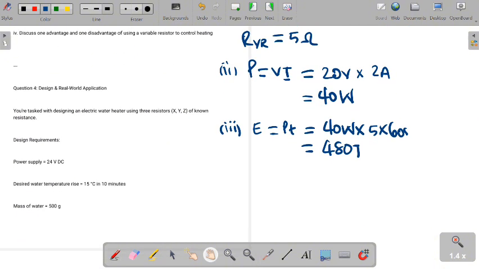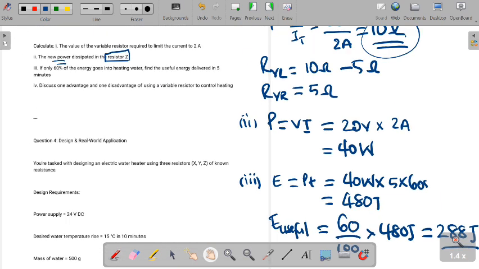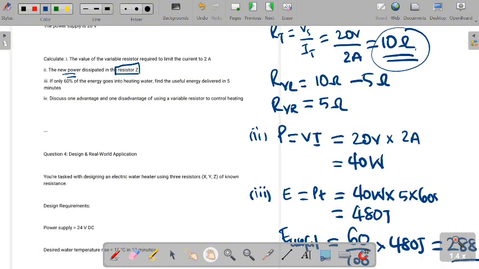Okay, so from here we know that 60% of this, so useful energy will be equal to 60% of 480 joules, multiplied by 0.6, that's 288 joules that we have as useful energy.